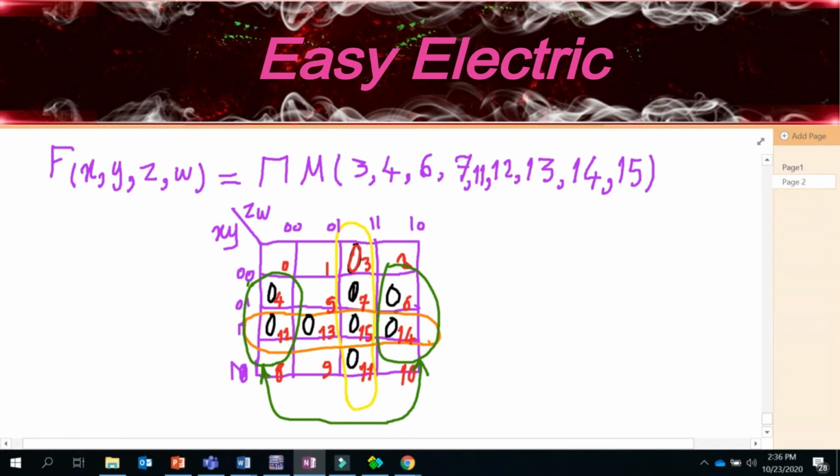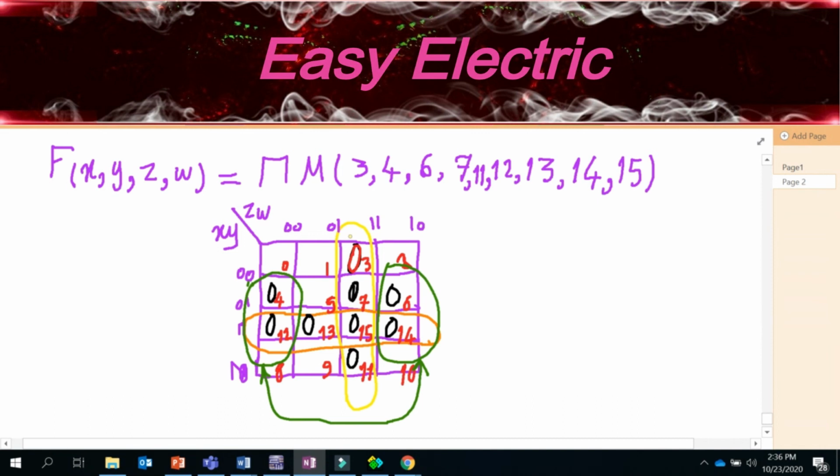Let's start with the first one, the group that we put inside the yellow circle. Take a look at X and Y. If you move along the group, they change with 0, 1, so no X, Y for the yellow one.